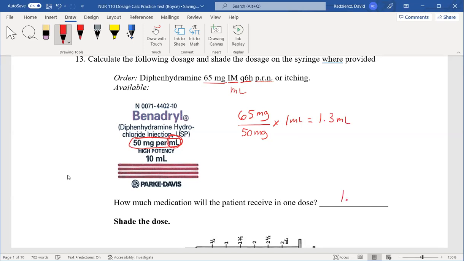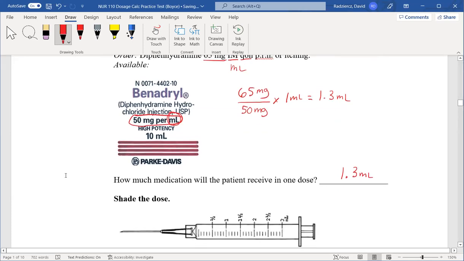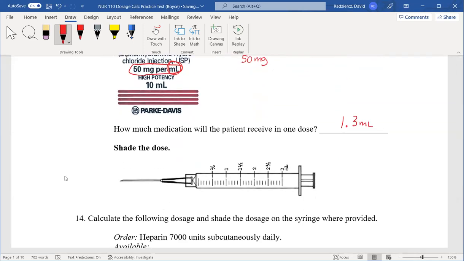So that would be your answer, 1.3 milliliters. And then you would shade the dose. So I'm at 1, 1.1, 1.2, 1.3. So I would just shade my dose appropriately to make sure I cover all that in.